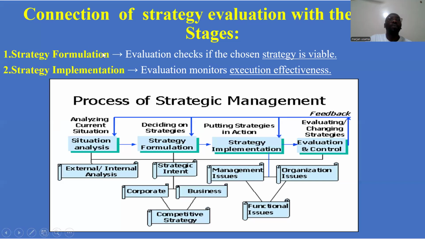So strategy formulation, evaluation checks if the chosen strategy is viable. So remember in our last lesson, we said that we have different types of strategy: corporate strategy, business strategy, operation strategy, global strategy. So through evaluation, we can easily know, is our strategy doing well or it's not doing well?